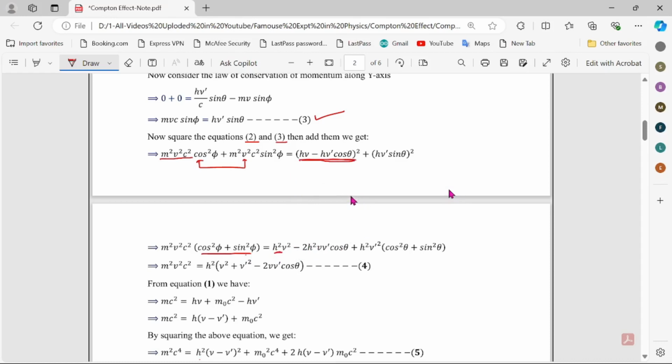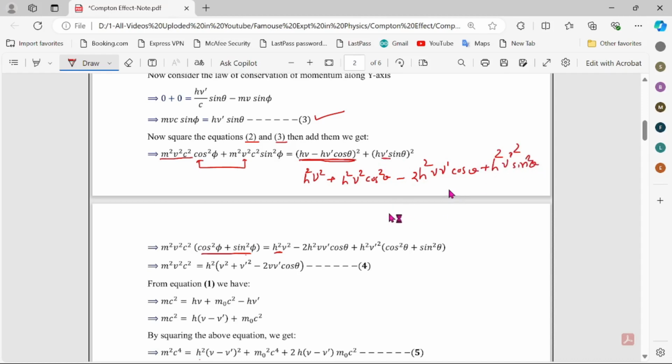Okay, h square mu square, I'm going to write here h square mu square plus h square mu square cos square theta, minus 2 h square mu dash cos theta, and this one is h square mu dash square sin square theta.